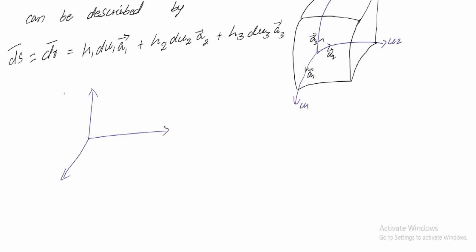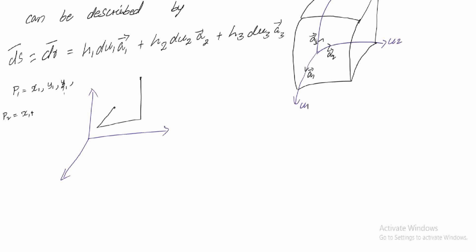Obtain the expression for the volume of a sphere of radius a, using the concept of volume integration. A sphere is nothing but the spherical coordinate system, so we have to find the volume integration in spherical coordinates.